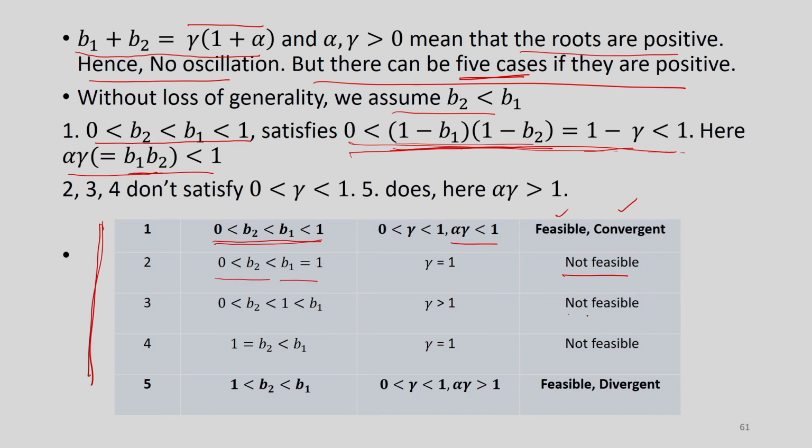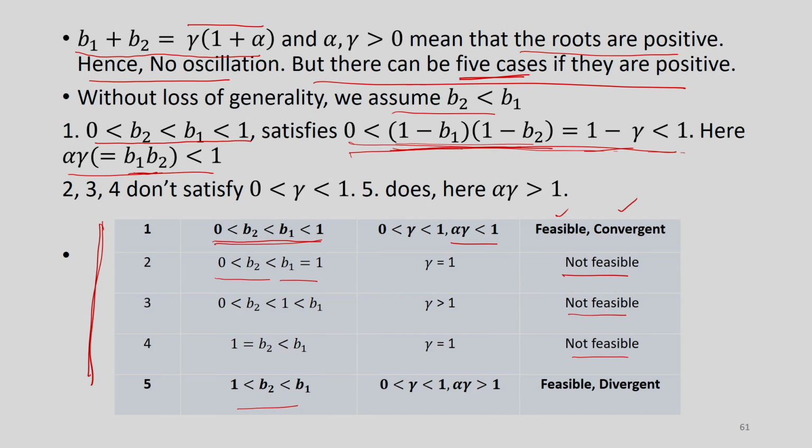Similarly, this is not feasible. This is the case where the larger root is greater than 1 and the smaller root is less than 1. So, that is not feasible. If the larger root is greater than 1 and the smaller root is equal to 1, that is also not possible. And the last case is, however, feasible, where both the roots are greater than 1.